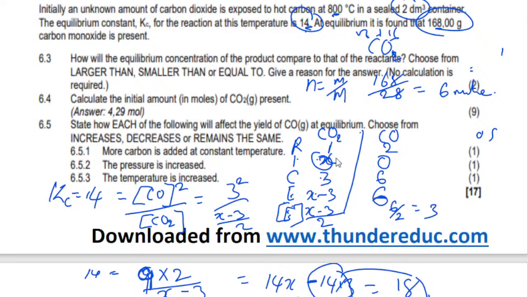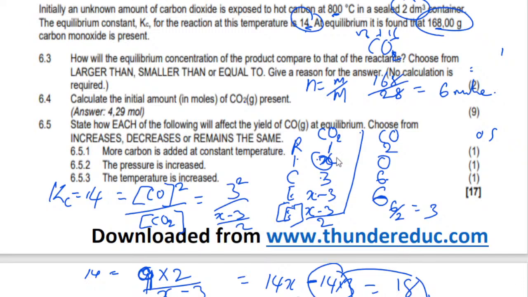It can be x, it can be p, it can be z, it can be o, it can be n. I just used x to introduce the initial amount, and then the 3, because I started by producing the 6 carbon monoxide. The mole ratio is 2 to 1. Therefore, if 6 is 2, then 1 is going to be 3.